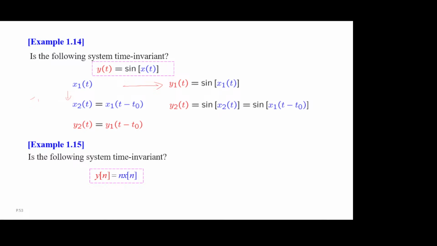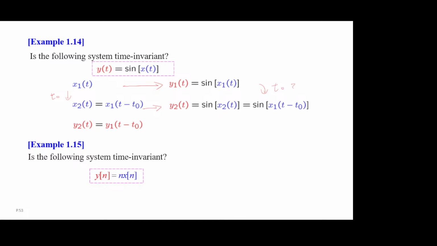We basically want to check that the two arrows commute. So x2 goes through the system and gives you y2, which is the sine of x2, so sine of x1 of t minus t0. What we want to check is whether this is the same as y1 with time shift t0.